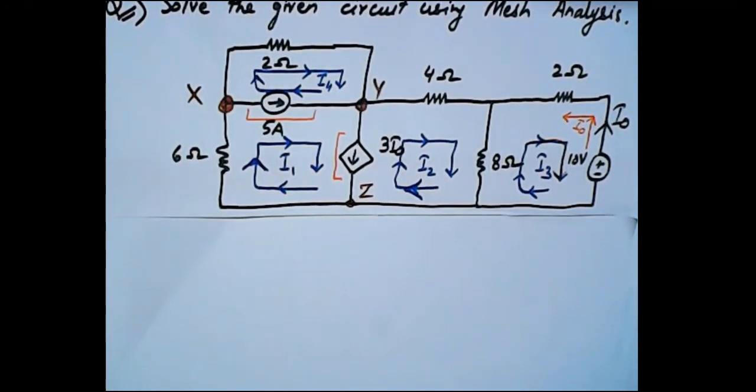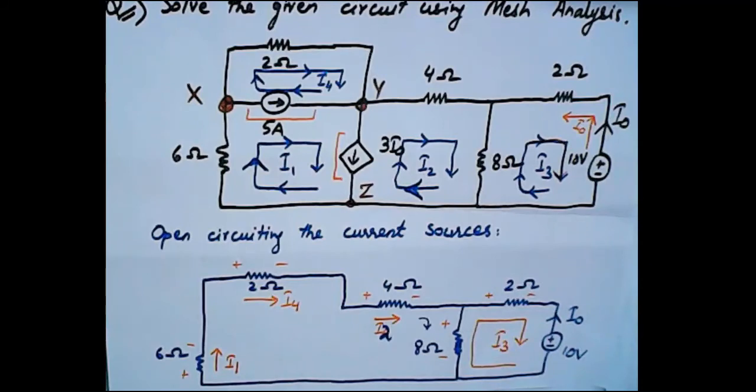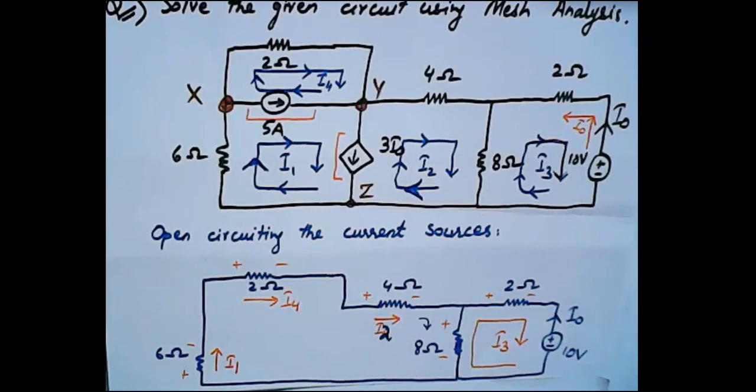Then we analyzed that this circuit contains 2 current sources: an independent current source of 5 amperes, and a dependent current source of 3 I0. Since both these current sources were part of more than one mesh, that creates the case of a super mesh. We open circuited the current sources and our resultant circuit looked like this.